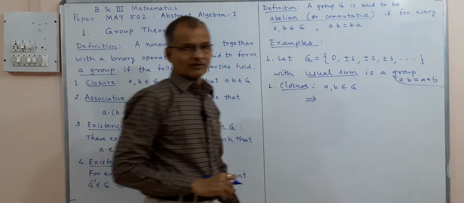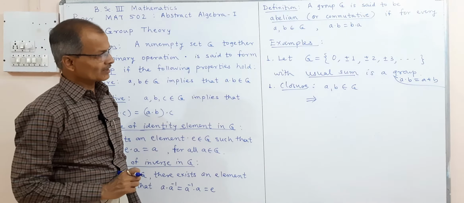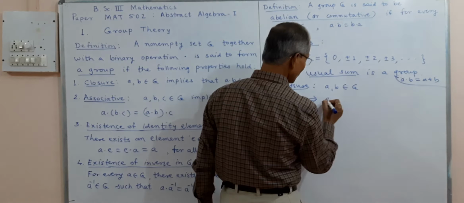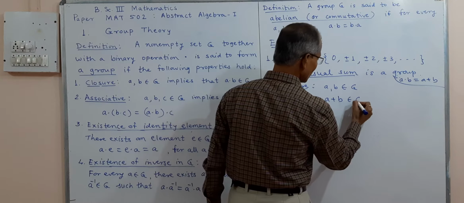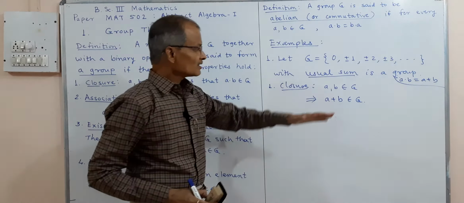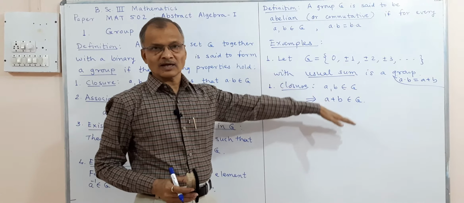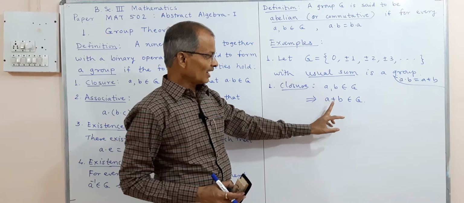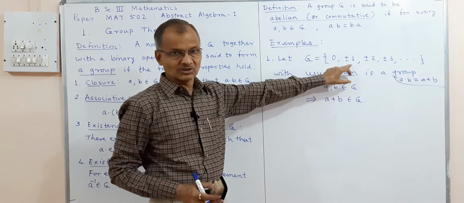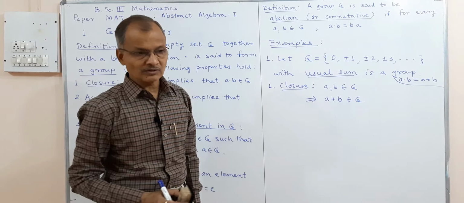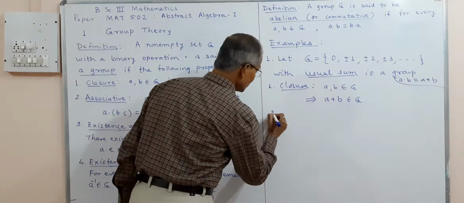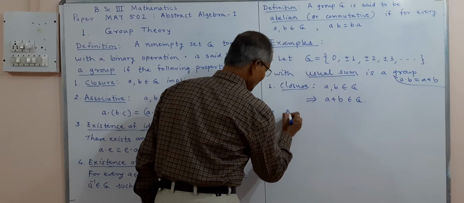And a, b belongs to G will imply a plus b also belongs to G, because the sum of any two integers is again an integer. And therefore the addition result also belongs to G. That is the meaning of closure property, and it is satisfied.